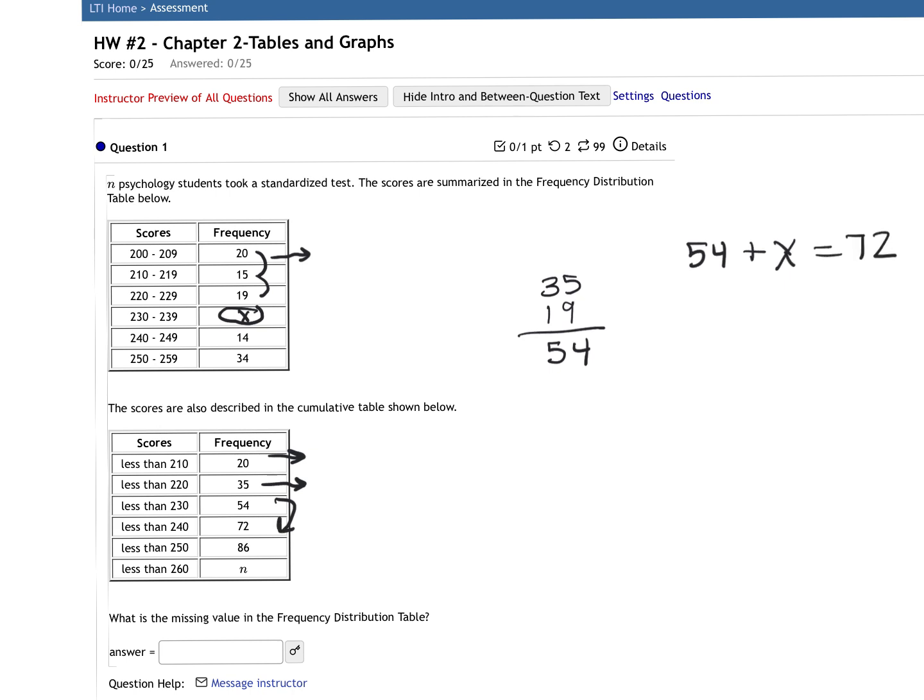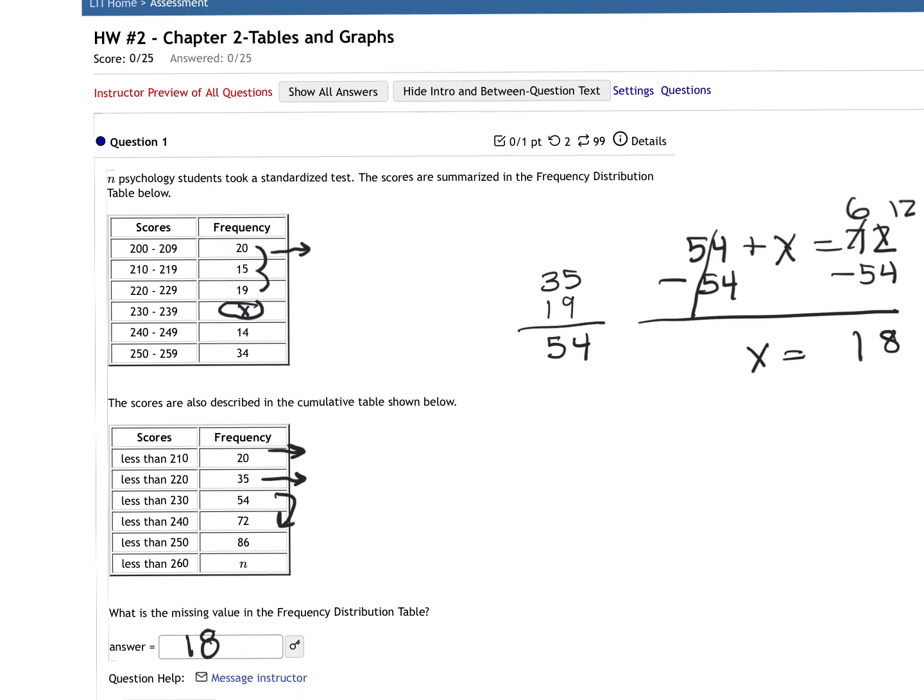So what's the difference here? What was the difference that made us go up to 72? If I subtract 54 from both sides, I'm going to have to do some borrowing. 18. So my missing value is 18.